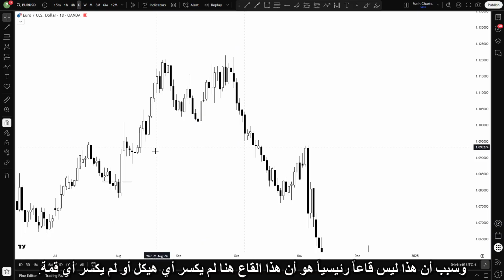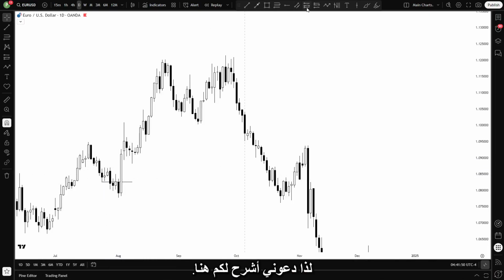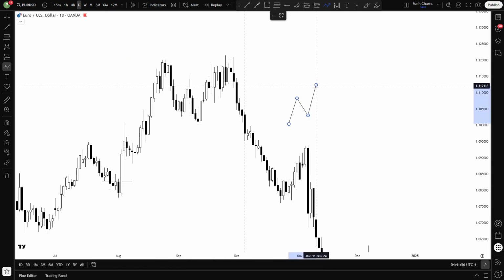And the reason this is not a key low is because this low right here hasn't broken any structure or hasn't broken any high. So let me explain it to you right here. So let's say we have bullish structure.